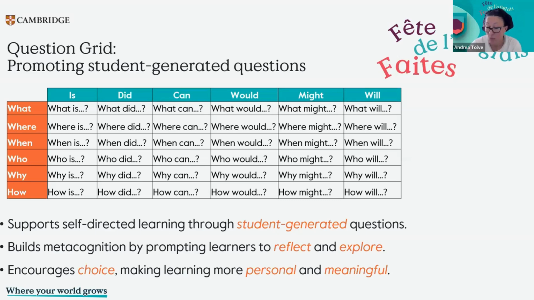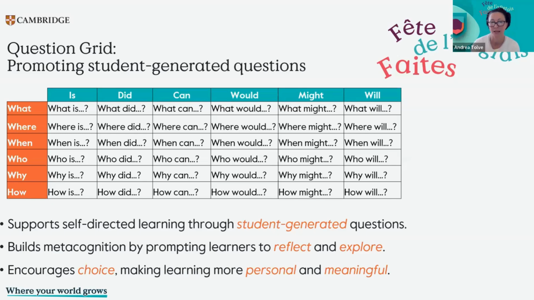Why use it? Well, it can help students ask their own questions. They're not only engaging with content, but we're helping them take ownership of their own learning process. It also supports self-directed learning through student-generated questions.